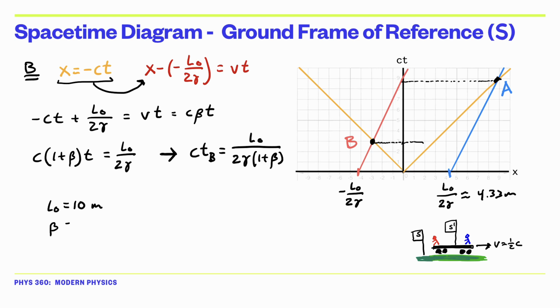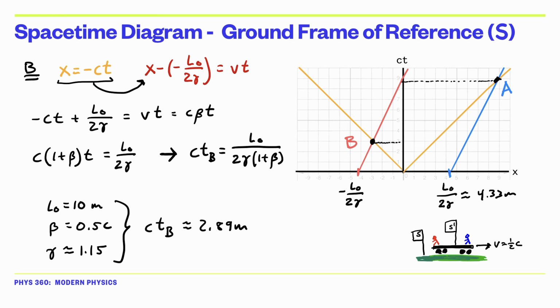Plugging in L0 equals 10 meters, beta equals 1/2, and gamma equals 1.15 gives ct_B is approximately 2.89 meters, which again is consistent with the dashed line in the figure.